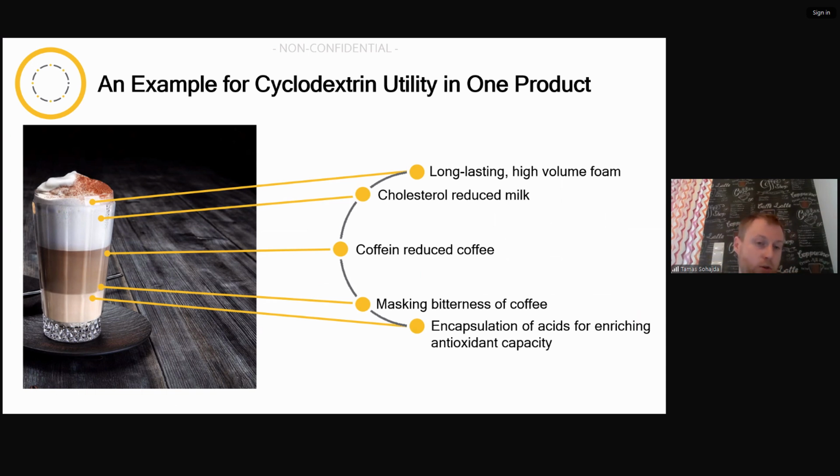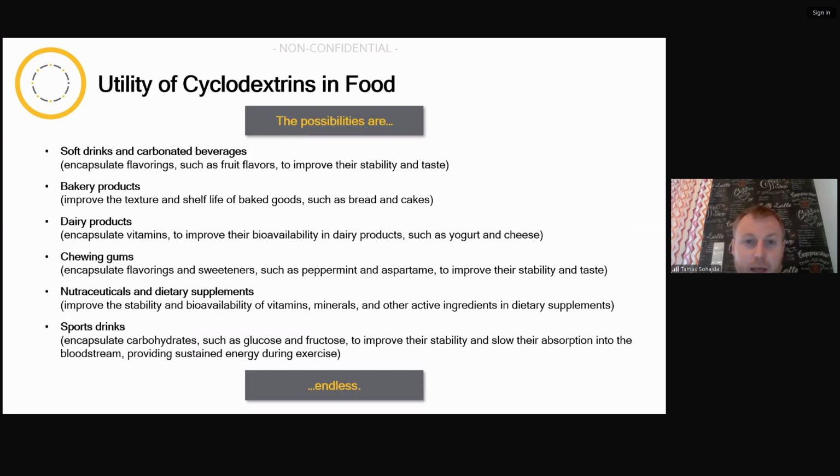It could also be used to reduce the dose of certain components or improve the effect of certain components, like caffeine or different kinds of fatty acids that are contained in the product, or it can be used as a masking of bitterness, which for me would destroy the coffee, but for some it may help.